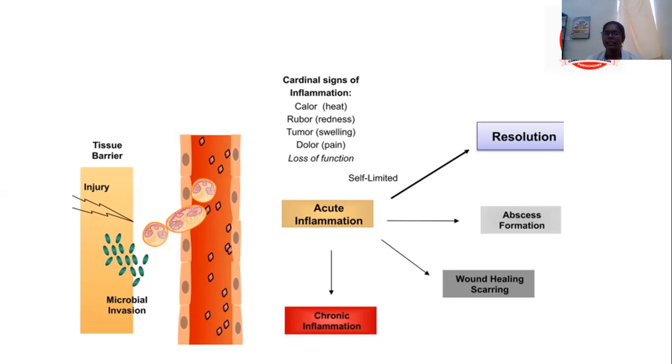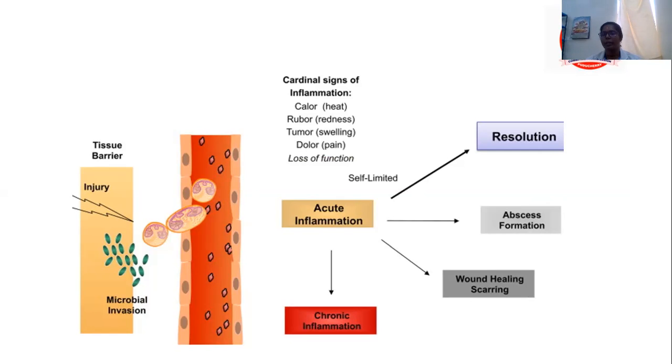During this process you can come across the cardinal signs: local rise in temperature at the site of inflammation, rubor, tumor, dolor, and loss of function.